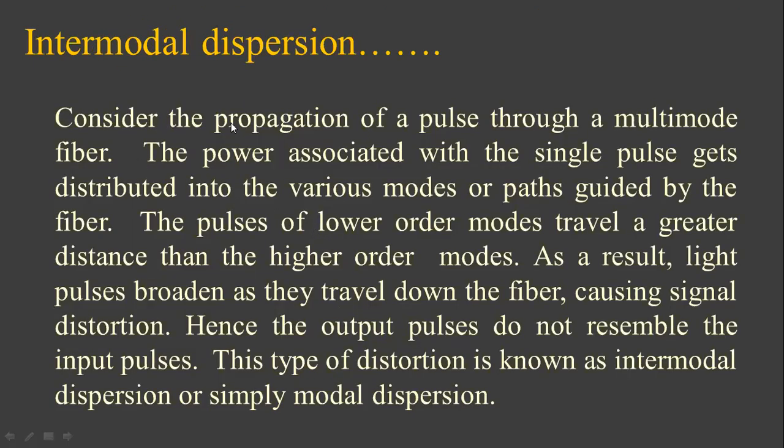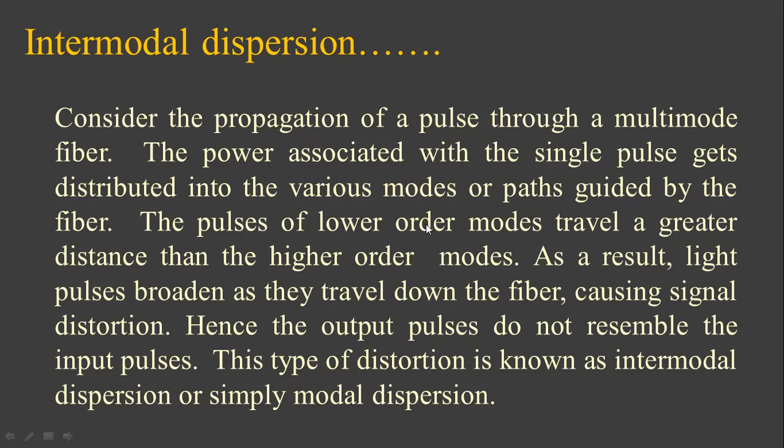So consider the propagation of a pulse through a multimode fiber. The power associated with the single pulse gets distributed into the various modes or paths guided by the fiber.